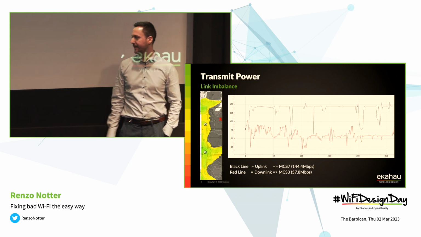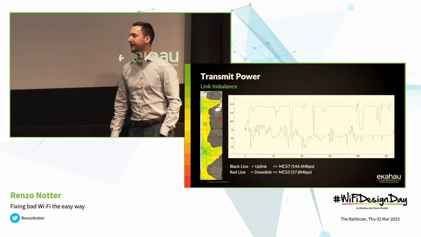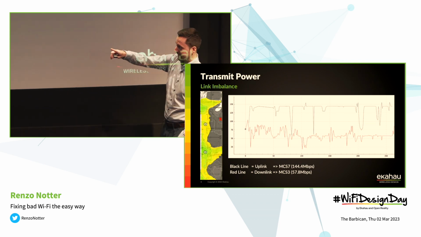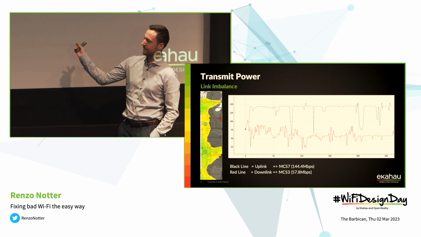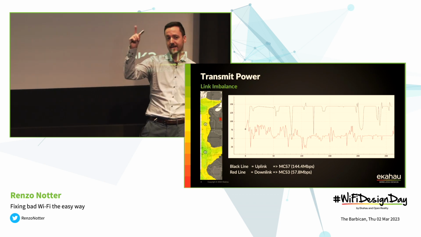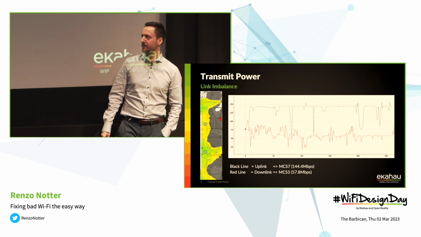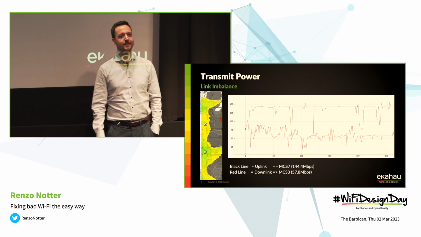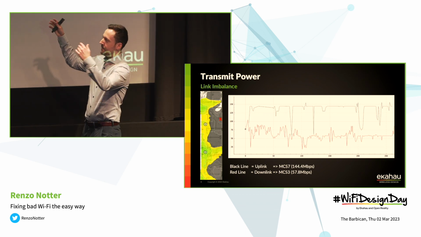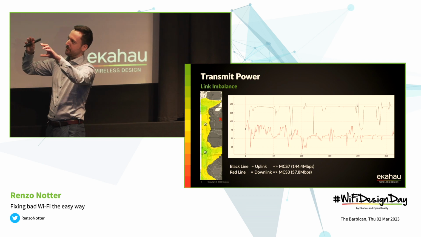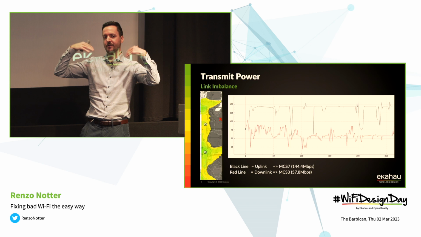But it was about 58 megabit per second of data rates being used in the downlink communication. On the other hand, the uplink from the client to the access point was almost at the max MCS rate, so it was possible to go all the way up to MCS8. It was an AC access point. So you can see if the access point would use a proper transmit power, they would be able to communicate with higher data rates.